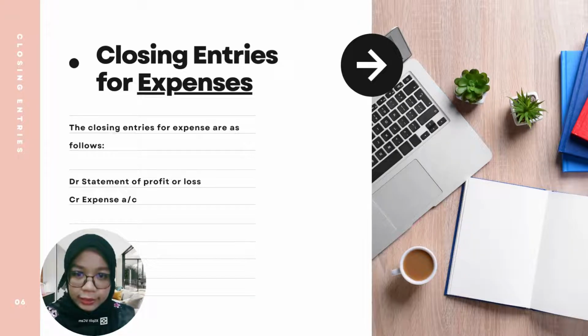On the other hand, the closing entries for expense accounts should be: debit the statement of profit or loss, and then credit the expense account. Examples of expense accounts can be maintenance expenses, rental expenses, interest expenses, and also the purchase account.